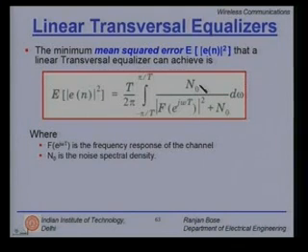If I increase the noise power, I helplessly have to see that the minimum mean squared error goes up. I can do nothing about it. And if my channel is not so hostile, if I have a flat channel, right, then this becomes pretty manageable. You can work around it and you can lower your error.